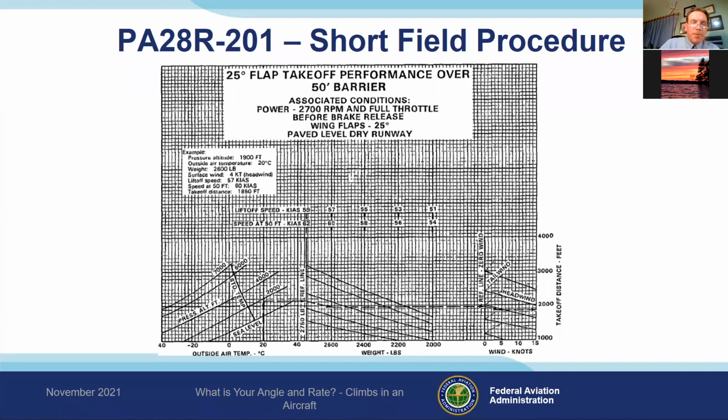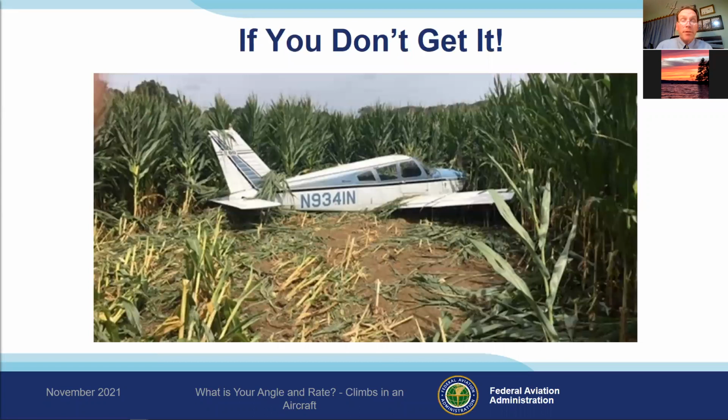Now, I also bring this up because this is always interesting to me, because people start thinking about it and say, wow, maybe things change a little bit. And then there's other pilots that don't necessarily get it. And I bring this up with the Pipers, is if you do a soft field or short field takeoff, as we just noted in the Arrow, it has you do it with 25 degrees of flaps. And I end up watching at different airports around the country, been doing it for years.